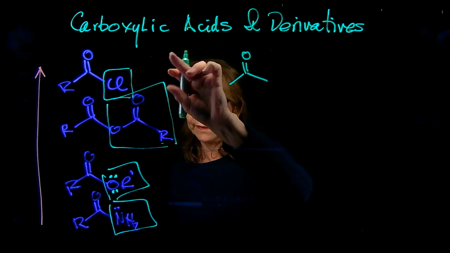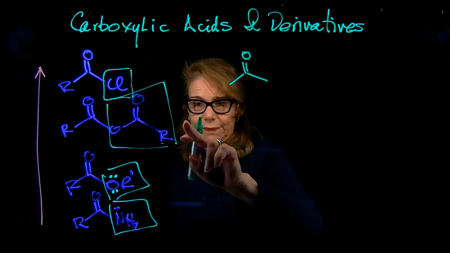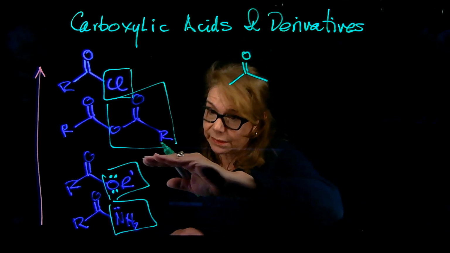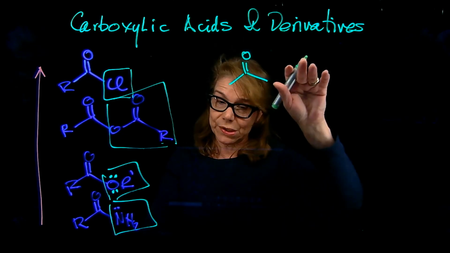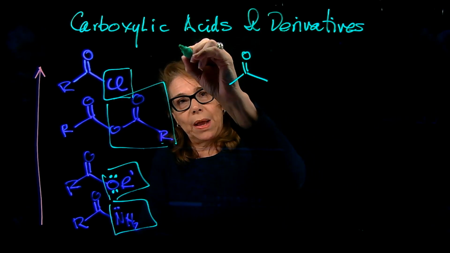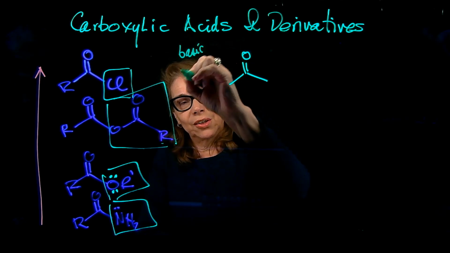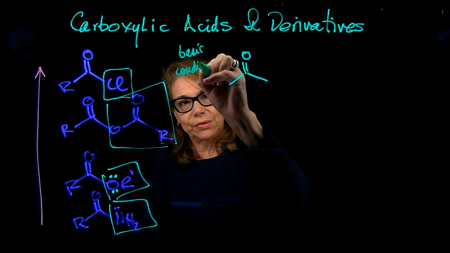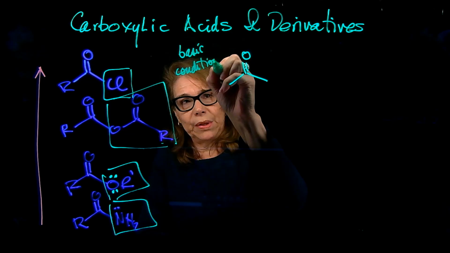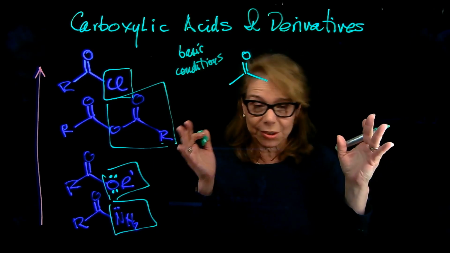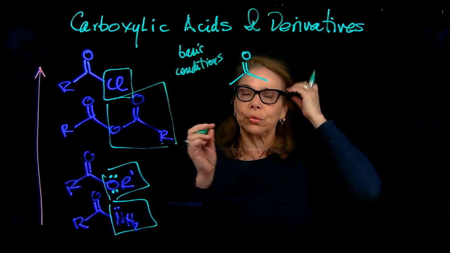And typically these two, the chlorides and the anhydrides, which are more reactive than these two, they will go more to the mechanism under basic conditions. Under basic conditions, remember that essentially the species will have either negative charge or neutral.